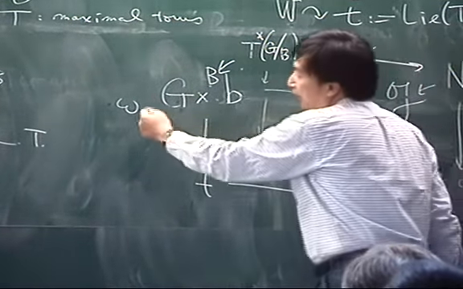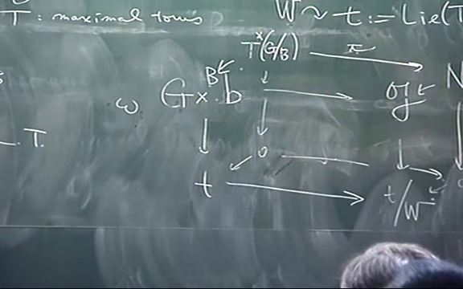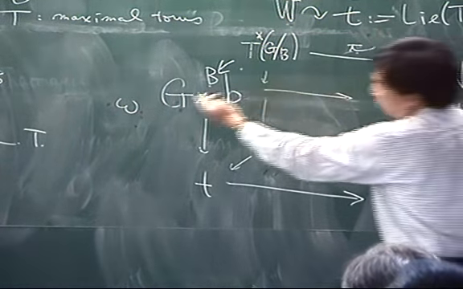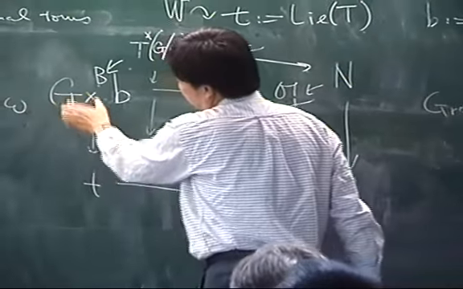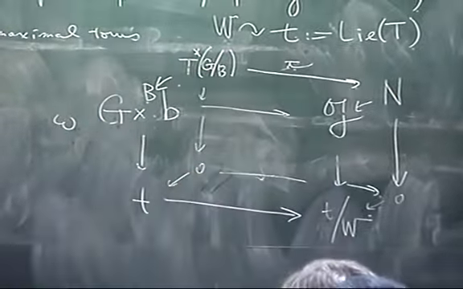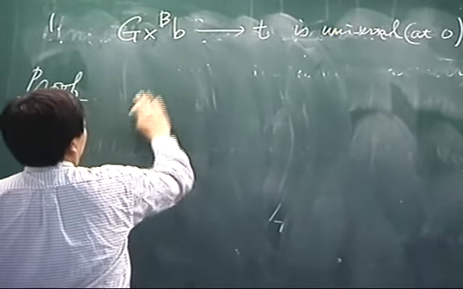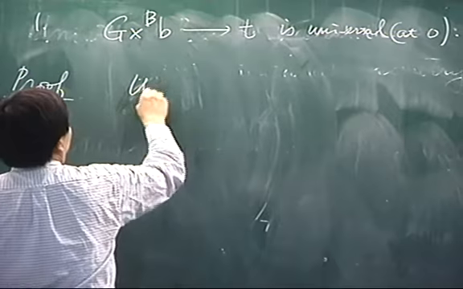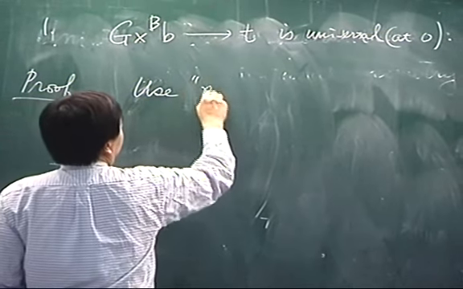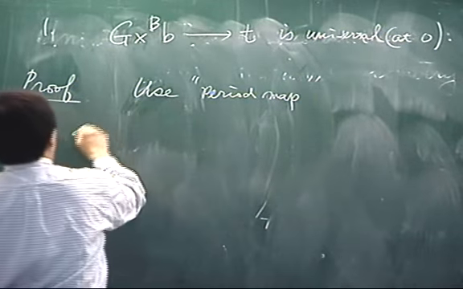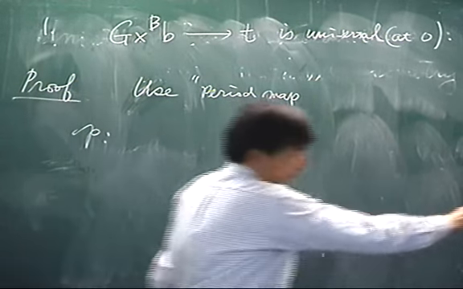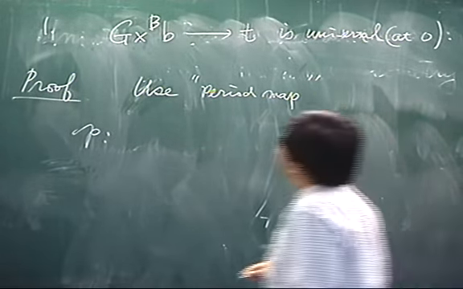So you have a symplectic 2 form coming from the constant Kirillov form. By using this relative 2 form, you can define the period map. So the basic idea is to use the period map. The period map is defined by this omega.